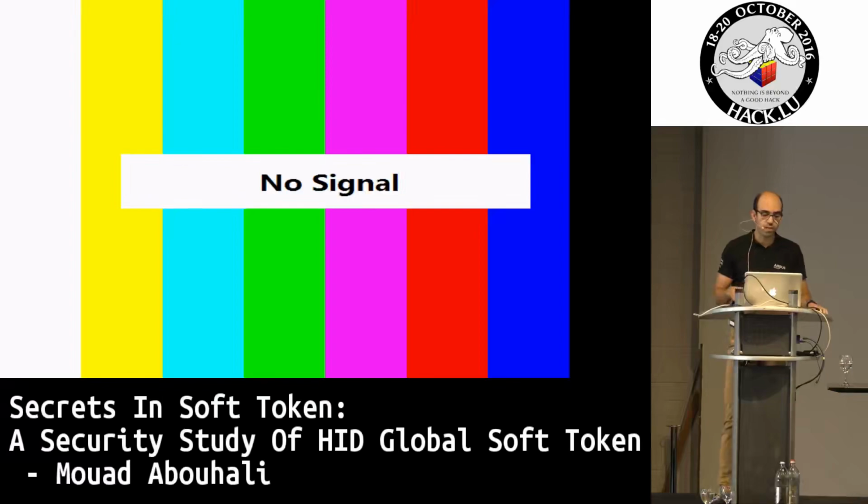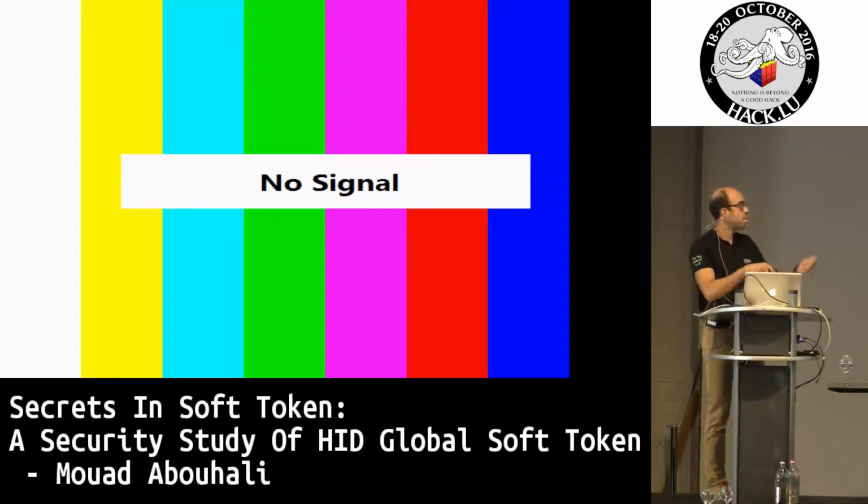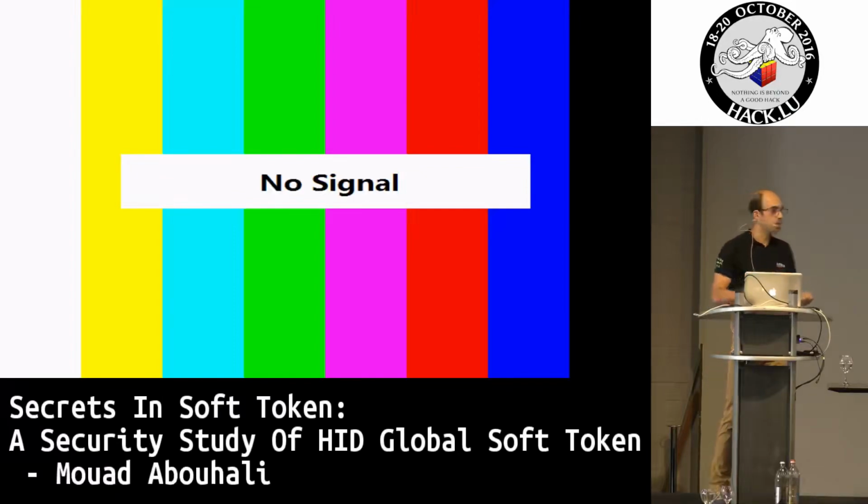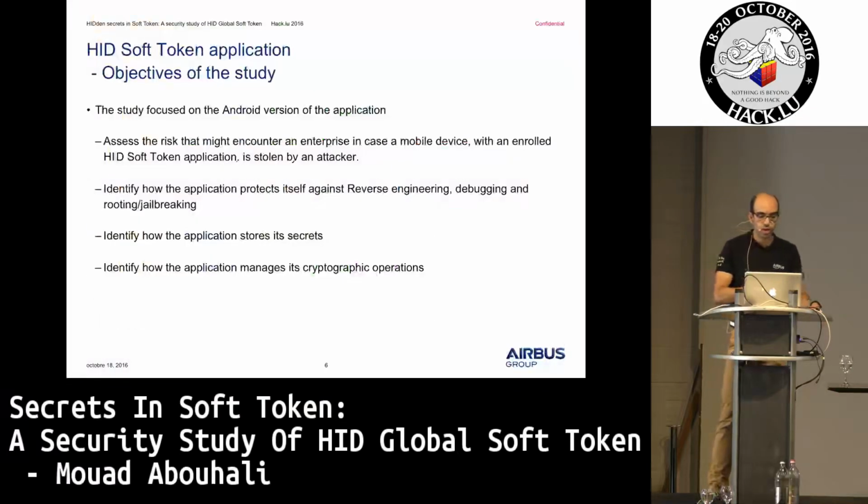HID can be installed on different flavors such as Windows Phone, BlackBerry, iPhone, and Android OS. Again, the end user just grabs a one-time password from the application. The HID app pops up an information that you can see, and the end user can get the one-time password and send it again with his login and password to the VPN gateway, as I show here.